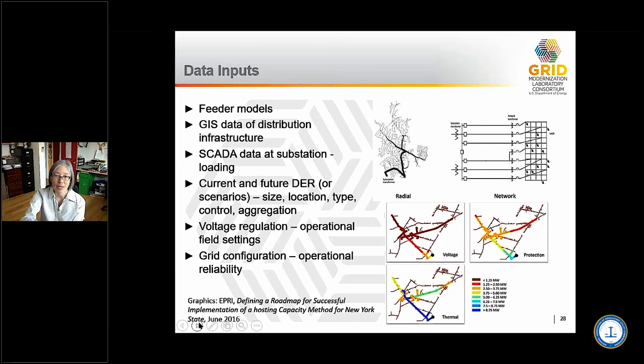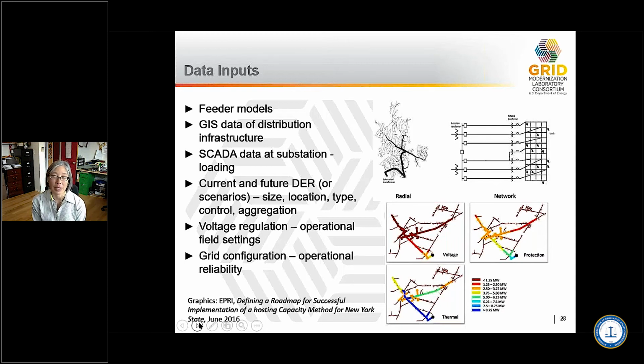When that meter goes up, it gives you what the peak is, and you go in and manually read that at some regular interval, maybe every month. So depending on what your particular system is, you'll have different amounts of data.